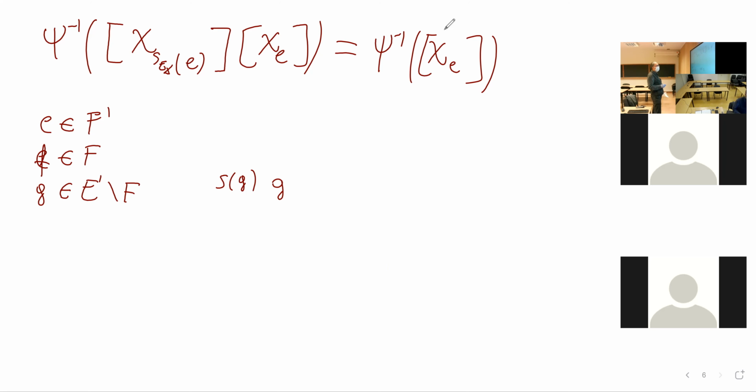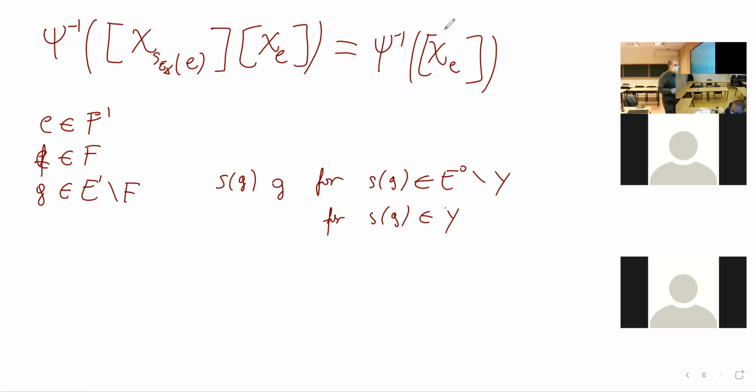But if it begins, so this is for S of G not in Y. So E naught less Y. So now for S of G in Y, it cannot be in Y prime, I repeat, because these are 6.